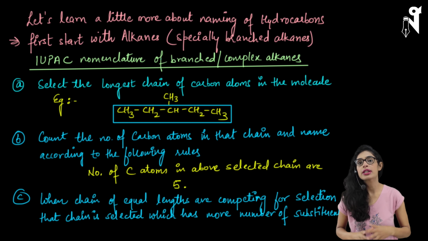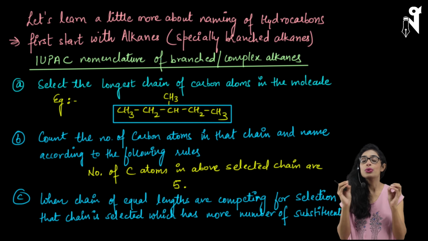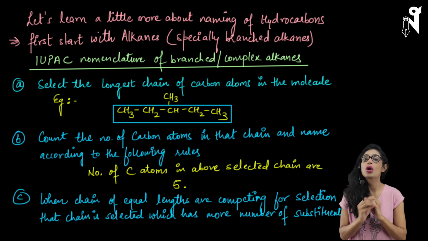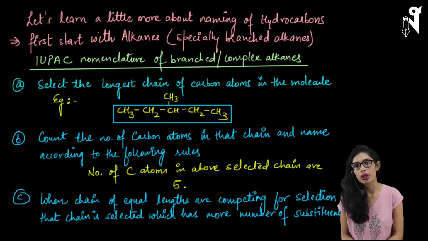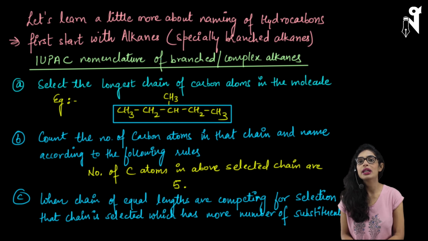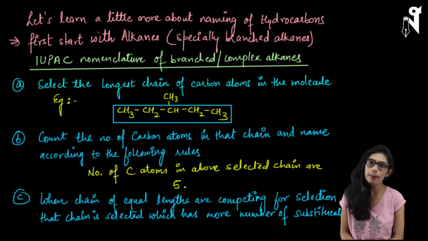Here we have to follow things according to the rule. You cannot mess up rules. Note down these rules very, very properly. Every single time when you are dealing with the nomenclature, you have to follow rules. You cannot design the names on your own. And there is a way, step by step, how you will approach the name of a compound.